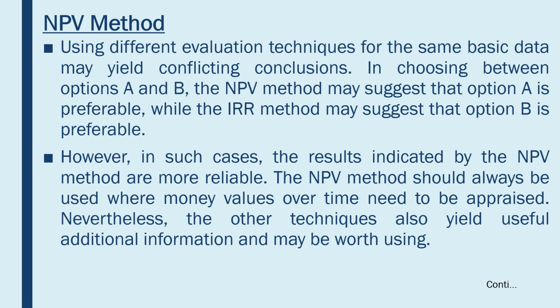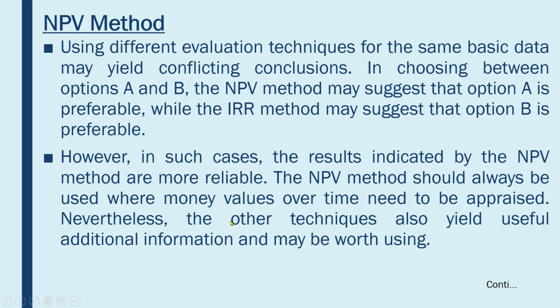So NPV method, further going on, using different evaluation techniques for the same basic data may yield conflicting conclusions. In choosing between option A and B, the NPV method may suggest that option A is preferable, while the IRR method may suggest that option B is preferable. Yes, it can happen. However, in such cases, the results indicated by the NPV method are more reliable.